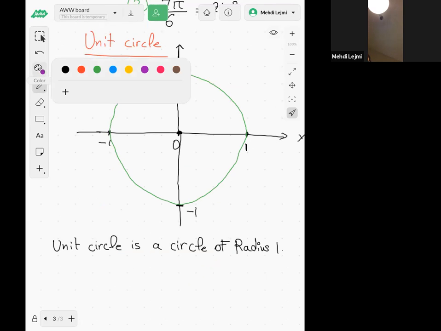If you measure the distance between the origin and any point of the circle, the distance would be 1, right? For example, from 0 to 1 here, that's 1 unit. That's what I mean by radius equal to 1.